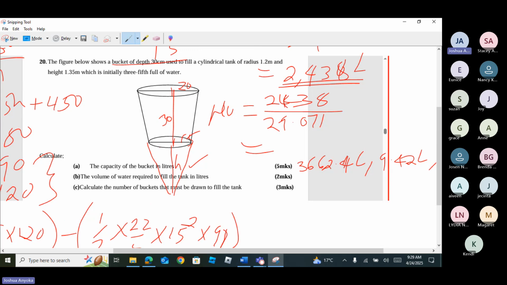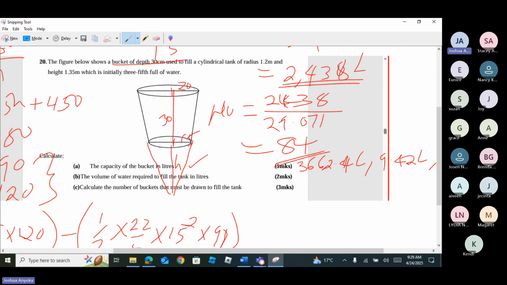So how many buckets are there? So 2438 divided by 29.071 is 83.86. Yeah, you can round off. You get 84 buckets. That's it.